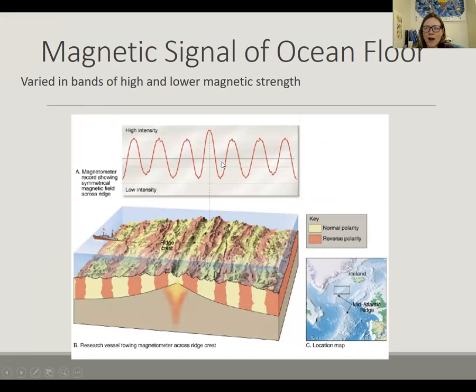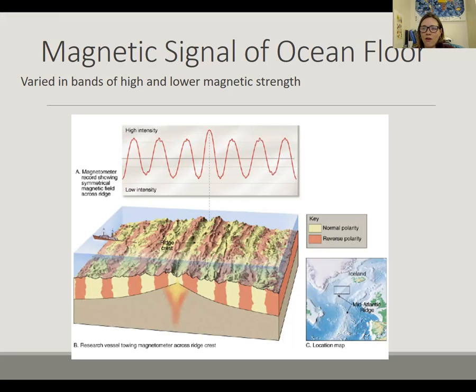They would look at the strength of the magnetic field, and when we were on top of rock that was formed during time periods that align with the current polarity of the Earth, the magnetic field was stronger because the magnetic field of the rocks and the magnetic field of the current Earth align, and they add together to create a greater magnetic field.